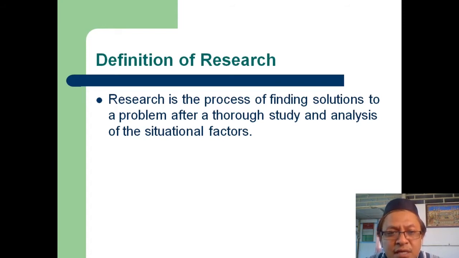And in this definition also, you can see the word thorough. When we talk about thorough, it means it has to be all embracing. We cannot miss or skip any of the activity, because if you miss any of the activity, it will affect the final outcome or the final results of the research. And you can also see the word analysis, meaning to say when it comes to doing research, we cannot run away from doing analysis.